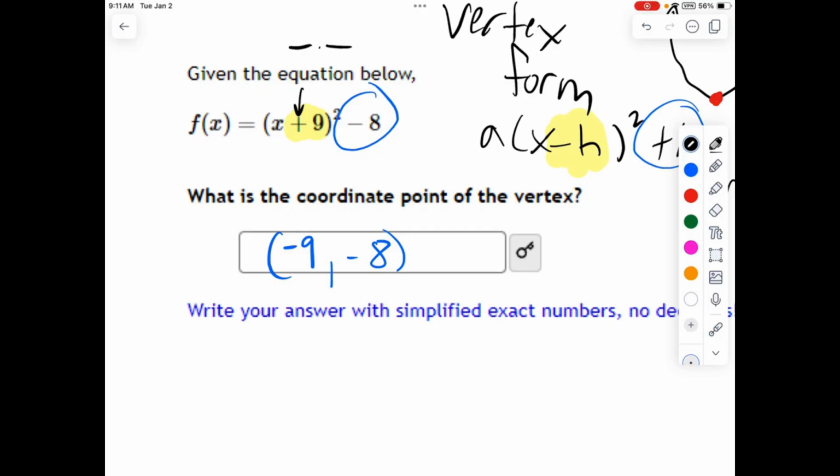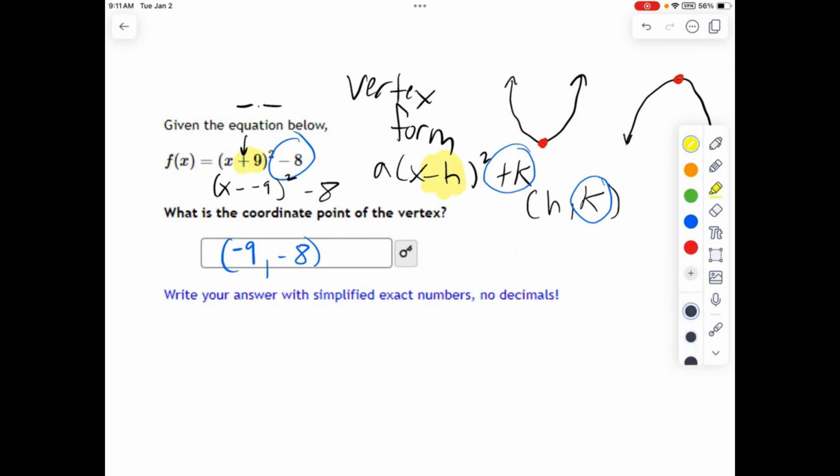Two negatives is a positive, which means this can be rewritten as x minus a negative 9, squared, minus 8. So if we're looking at this minus h from our vertex form, here's your value right there, because it's subtraction, then the number.